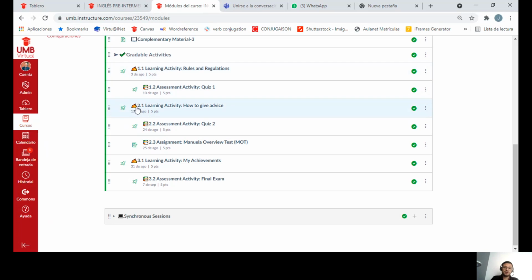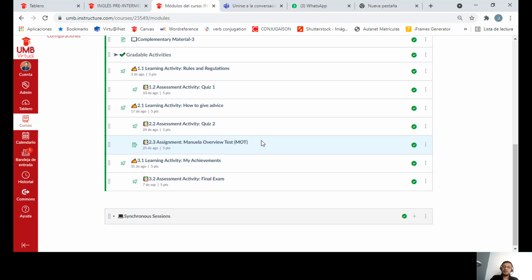This one is learning activity: 1.1, 2.1, and 3.1. And we have these ones, 1.2, 2.2, 3.2, that are assessment activities. Yes. We have an extra over here that is an institutional exam that you are going to present, the manual overview test.